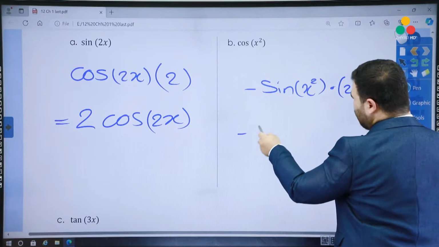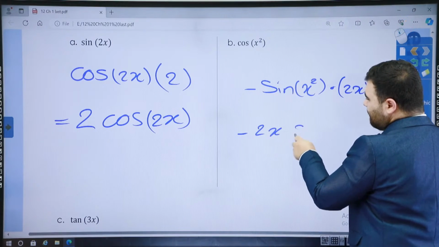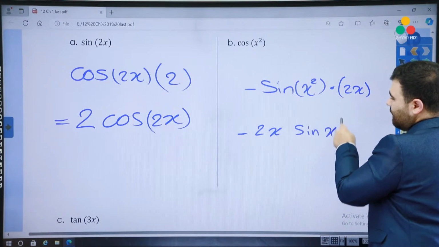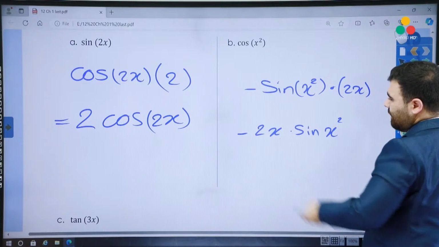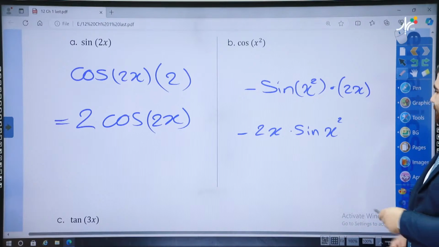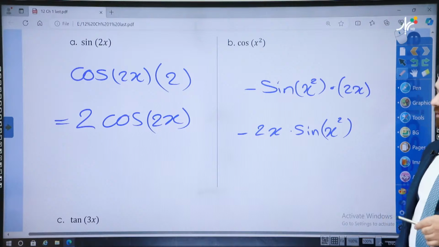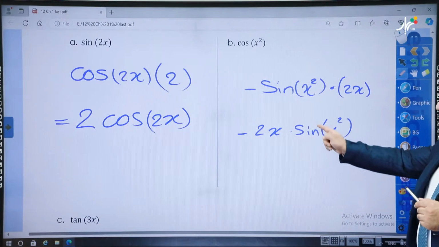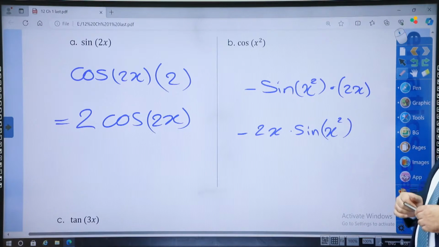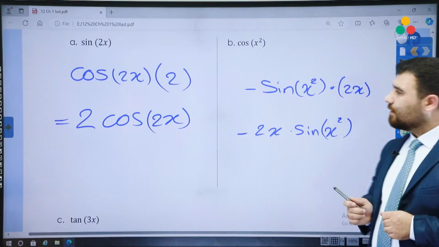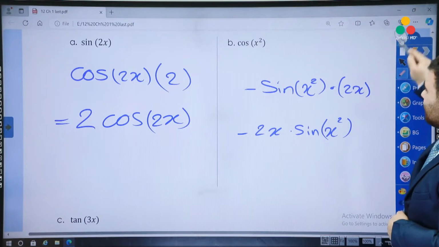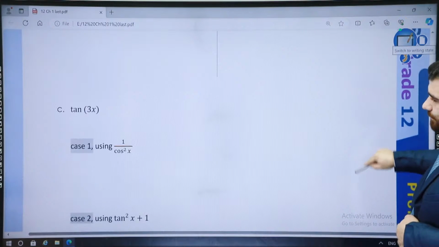So the answer is negative 2x sine x squared. What's between them? It's times. This x squared is the angle, because it's different when the power is on the sine or when the power is on the x. Let's have another example about tan.